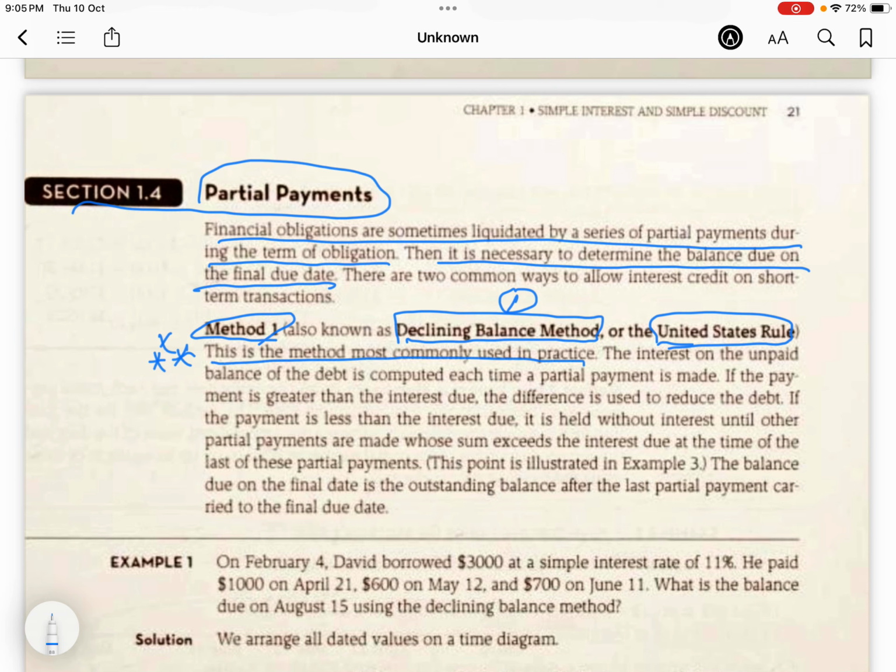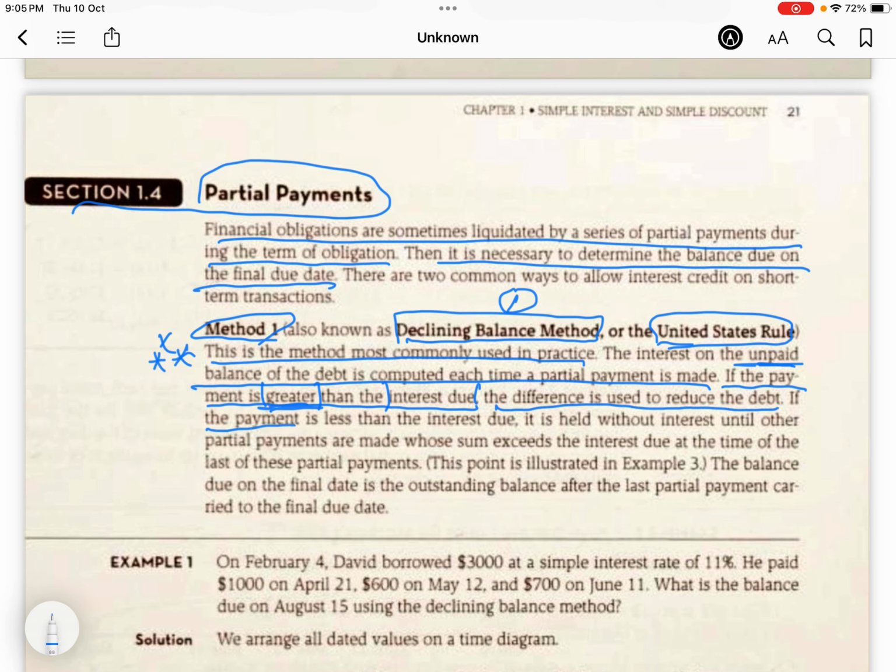The interest on the unpaid balance of the debit is computed each time a partial payment is made. If the payment is greater than the interest due, pay attention here, the difference is used to reduce the debit.